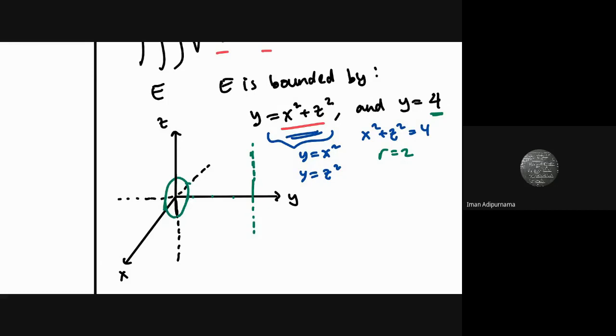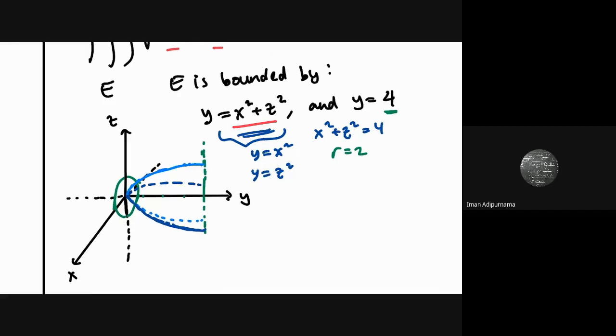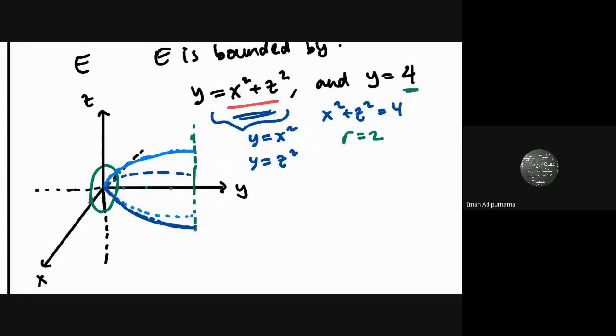And then y and z will be maybe here, and then y and x, let me use a different color, maybe here. Okay, let me make it clearer, like that. Okay, maybe that is our parabola, or paraboloid.